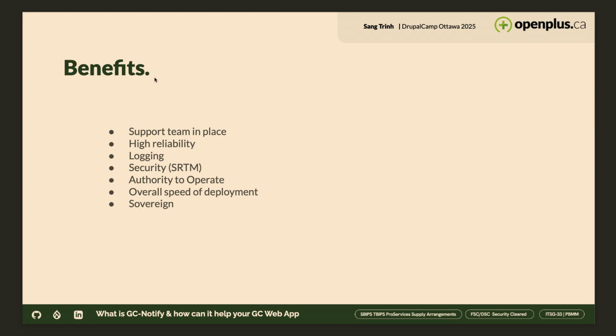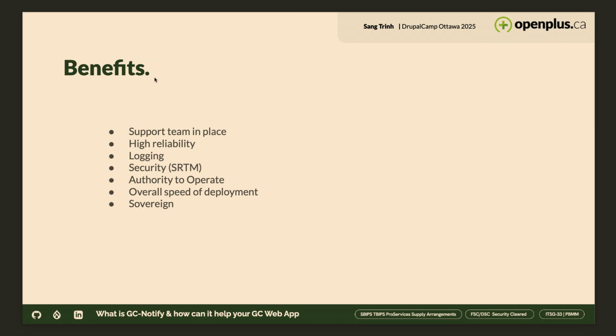Okay, so some of the benefits. There's currently a support team in place, so you do not need to. In the historical sense, what you would normally do is set up email, right? This email would be Office 365, maybe it's your own server, maybe in the old days it was a laptop running under someone's desk, that would be used for sending emails.